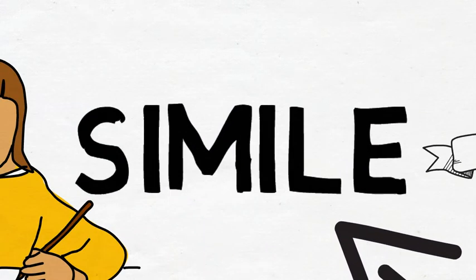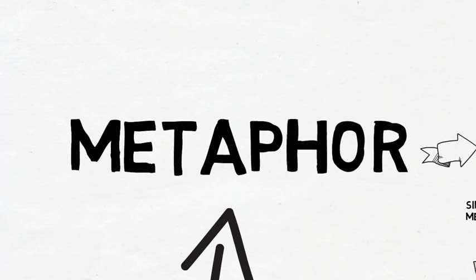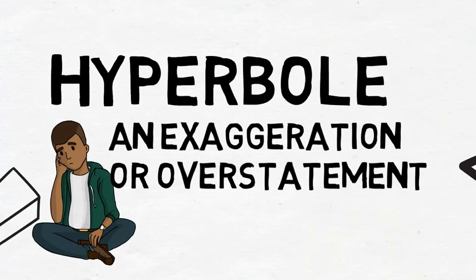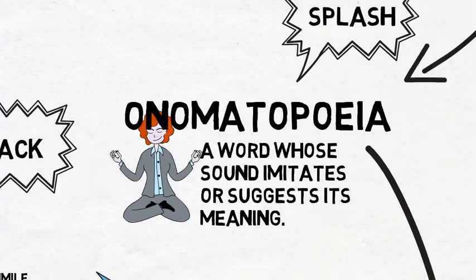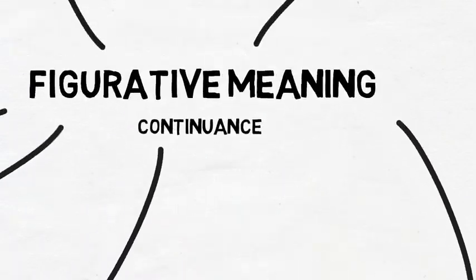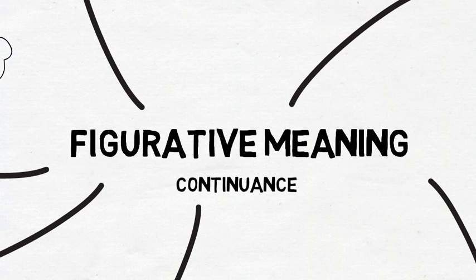Okay, so we have discussed simile, metaphor, hyperbole, personification, onomatopoeia, and alliteration. Right? Okay. Remember, these are only 6 figurative languages. There are a lot of figurative languages that you can use, but these are the most common in songs because we are discussing songs.